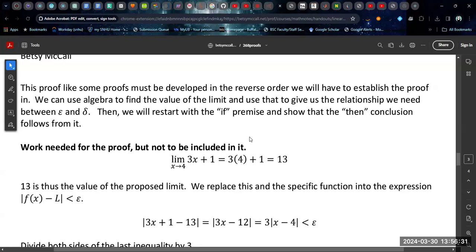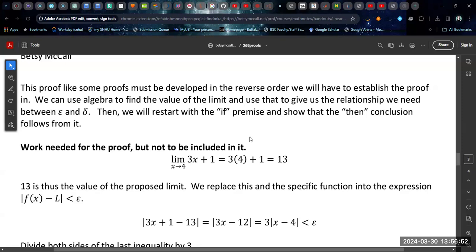So we're going to find a relationship between epsilon and delta, but that won't be the end of it because by doing the proof this way, we're actually starting with the conclusion, the then statement, and then we're going to find that relationship between epsilon and delta on the if statement.